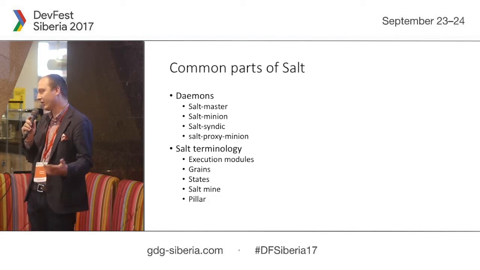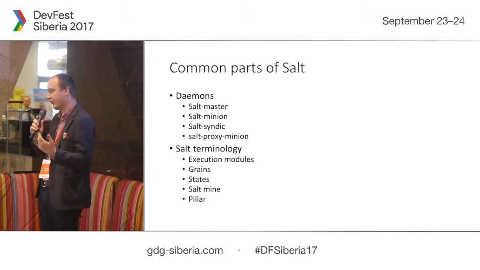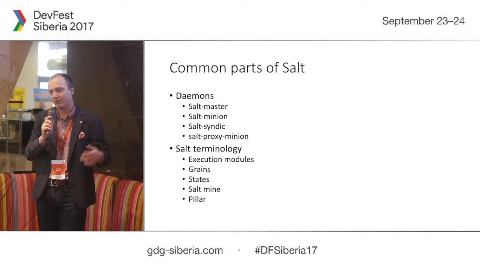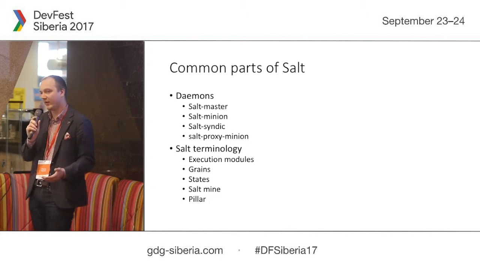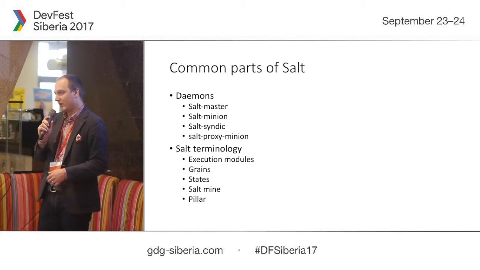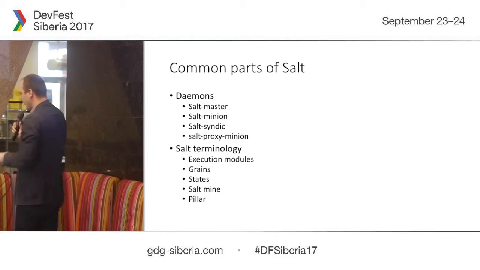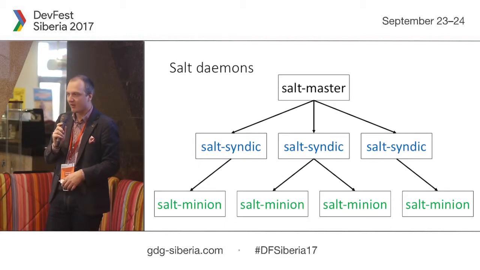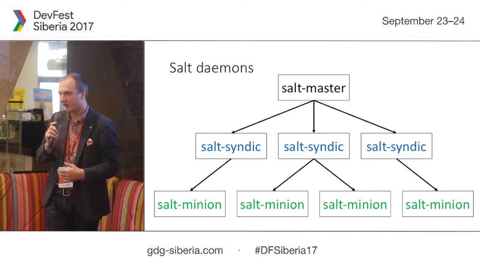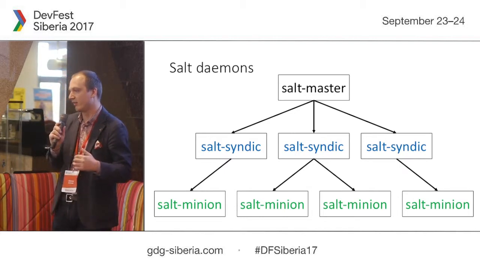Let's dissect Salt into parts. Well, it consists of Salt Master, which is a server node from which all clients get the jobs to do, and a client in Salt is called a minion. Well, the basic execution flow is going from the top of this slide to the bottom.